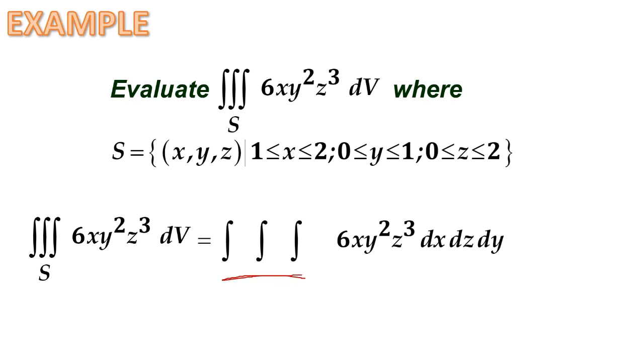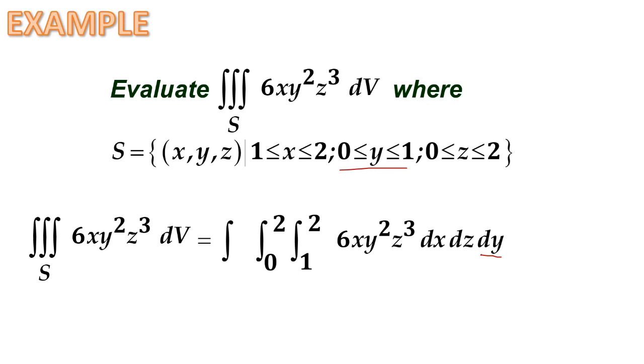So for dx, look at the solid S. The values of x are from 1 to 2, so the bounds for this part of the integral are 1 to 2. Now integrating with respect to z, our bounds would be from 0 to 2, so we write it that way.